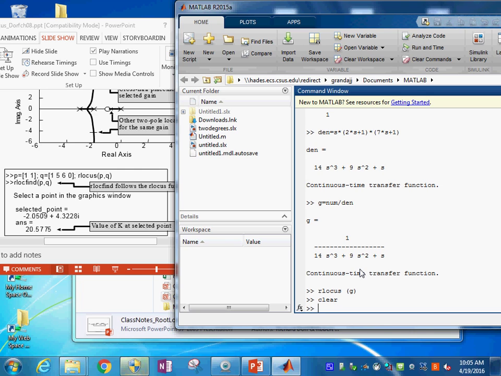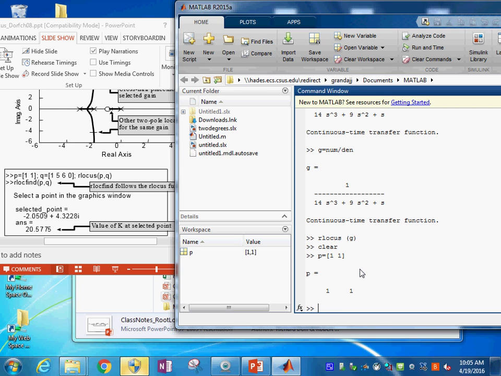We're going to define, say, the numerator, we're going to call it P, is a polynomial that has 1 as a coefficient of s, and then also plus 1. So you have it like that.